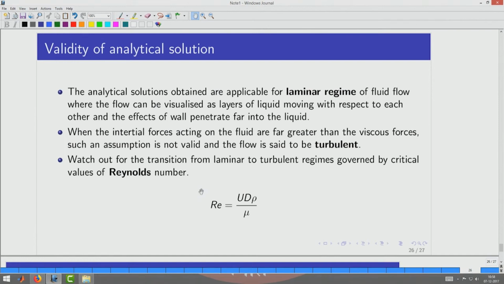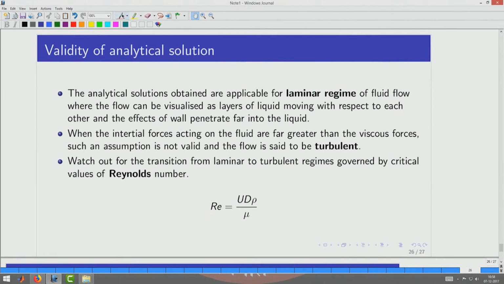So, what it implies is that we look at this Reynolds number, and generally for a given problem, it has to be below some critical number. Okay. That number depends upon the particular problem, and only when it is below a particular critical number can we say that the regime is laminar, and only then can we expect the effect of a boundary all the way into the domain, and that is exactly what we are going to do when we integrate over the entire domain.